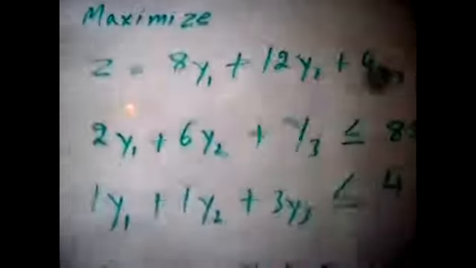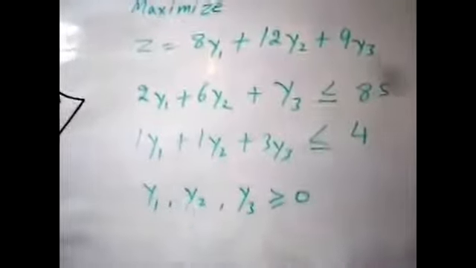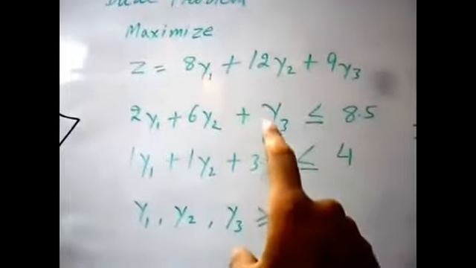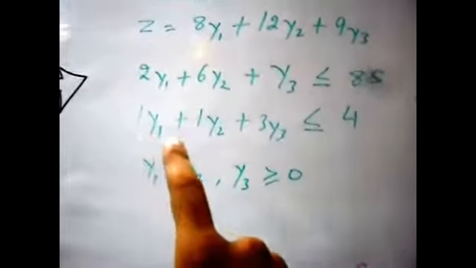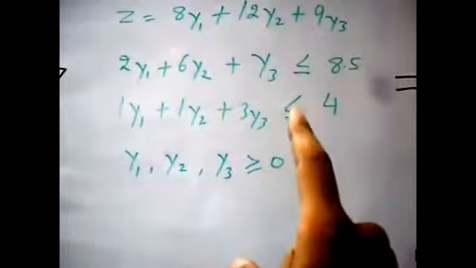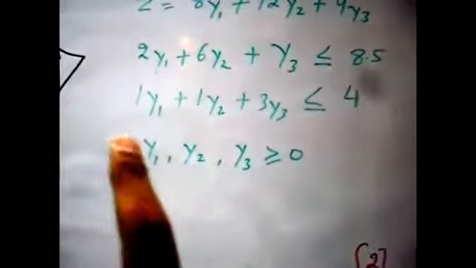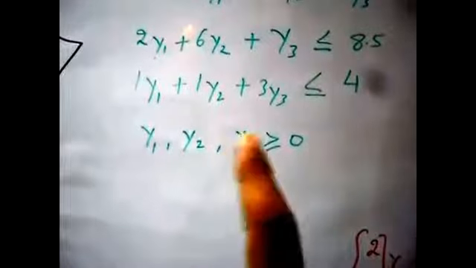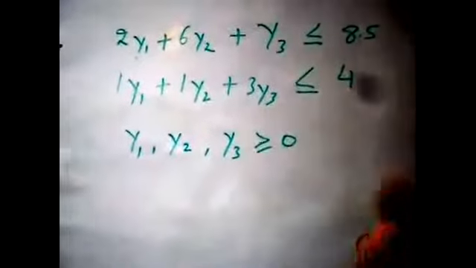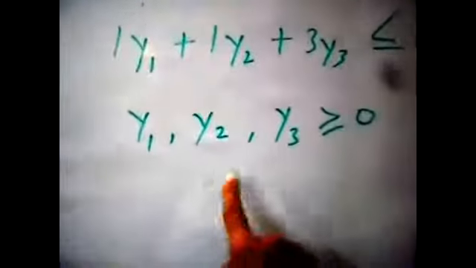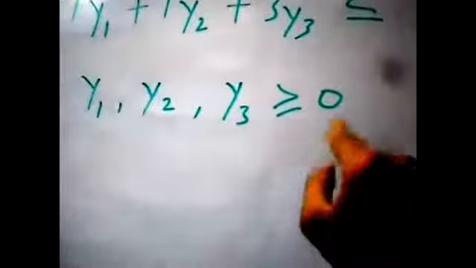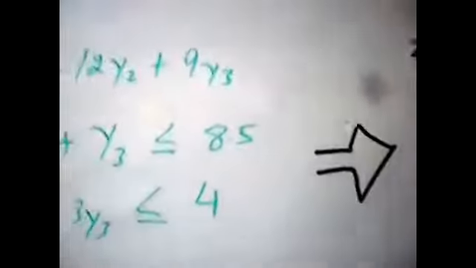Now our dual problem is this: maximize z equals 8y1 plus 12y2 plus 9y3, subject to 2y1 plus 6y2 plus y3 less than or equal to 8.5, 1y1 plus 1y2 plus 3y3 less than or equal to 4, and y1, y2 and y3 greater than or equal to 0. Now we will convert it into standard form.